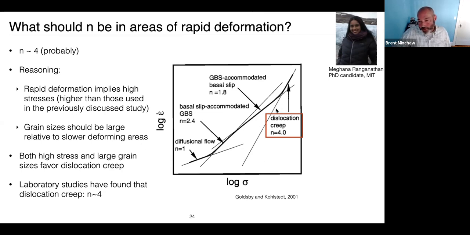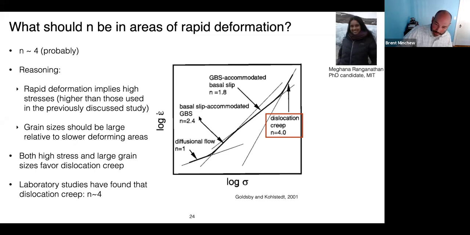By laboratory measurements and so forth, we should be in the dislocation creep regime at the lower stresses in the study that Joanna did, and pushing these things out to higher stresses within the shear margin should also favor dislocation creep. And then the grain sizes we would expect to be large relative to the slower deforming areas.